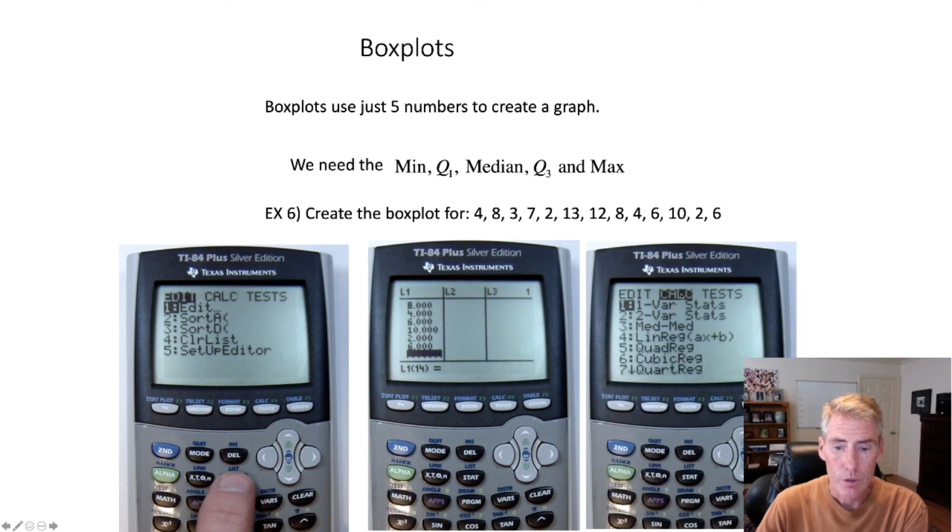Then go to Stat and then Calculate. So this is the same as finding the mean and the standard deviation. If you watched the previous section video, I did it with a live video and showed you how to find the mean and standard deviation. We're doing the exact same thing.